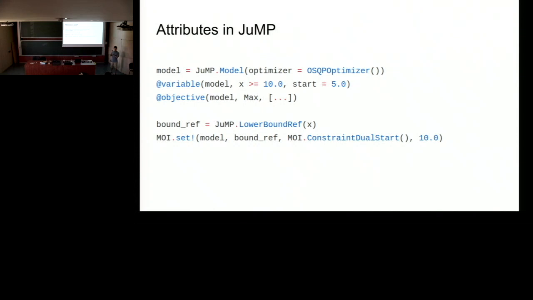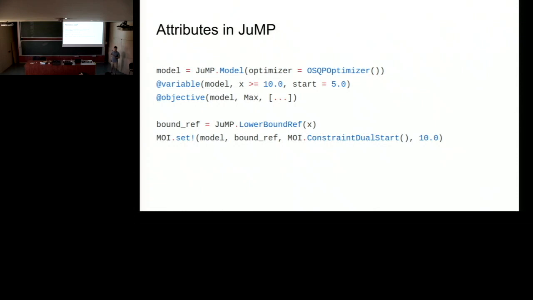Hopefully, the intention is for JuMP to be a nice syntax on top of MOI. So if you understand MOI, great, you have access to all of this, and this is easy. If you don't understand MOI, you should still be able to do this. We haven't put a nicer syntax on this yet.